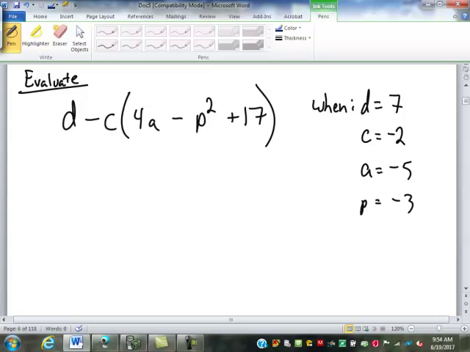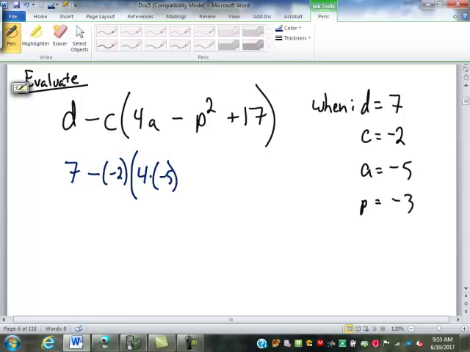So what I have to do is replace each letter again with the number that is assigned. So for D, what am I going to use? 7. And then minus, instead of C, I'm going to put in negative 2. So notice I'm putting it in parentheses to show that that is a negative 2 for C. Well, now I also have an open parentheses there, so I gotta make sure that's still there. 4a is going to become 4 times the negative 5.